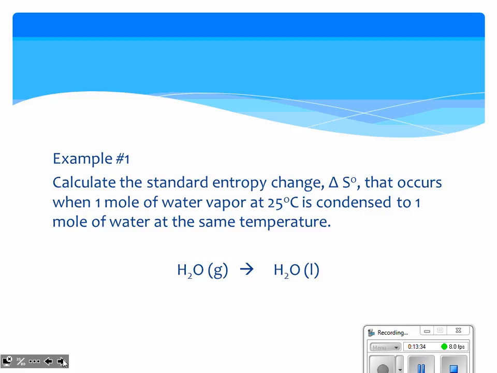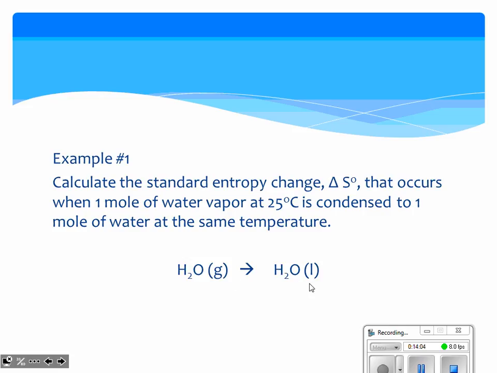Okay? Now, based on our 3 things that we just learned about how entropy increases, we can predict how the entropy will go here. I look at this and I say, okay, I have 1 reactant, I have 1 product. So that doesn't give me any hints, does it? But I have a gas going to a liquid.